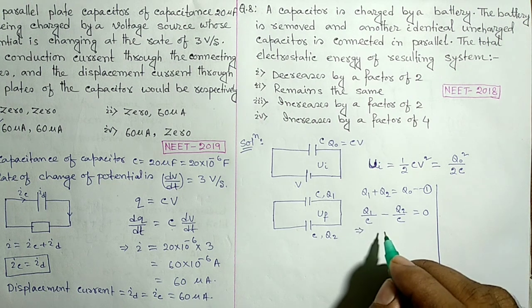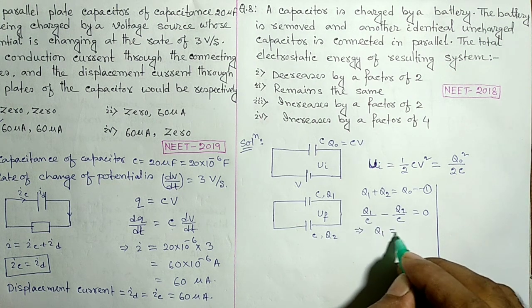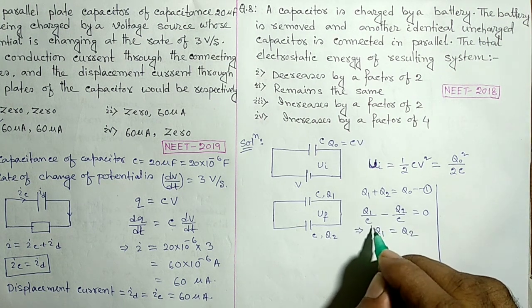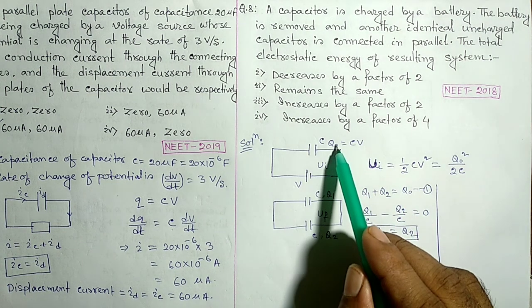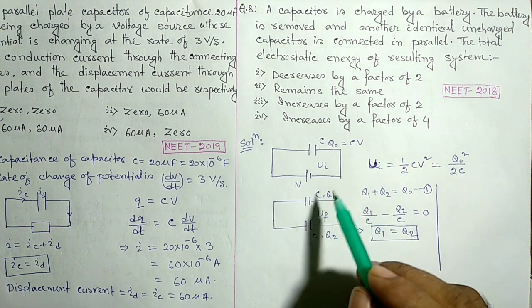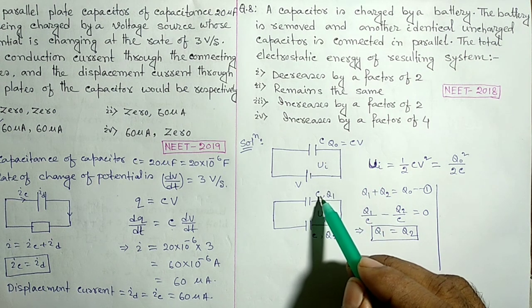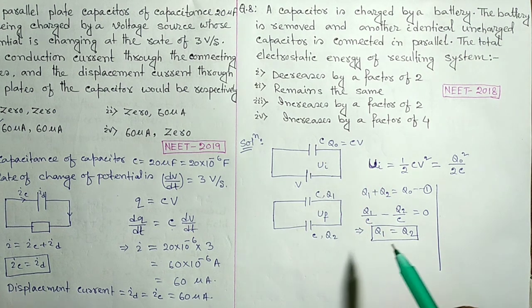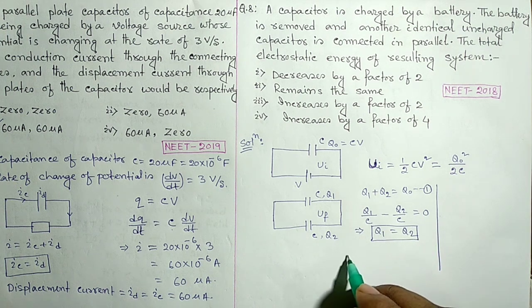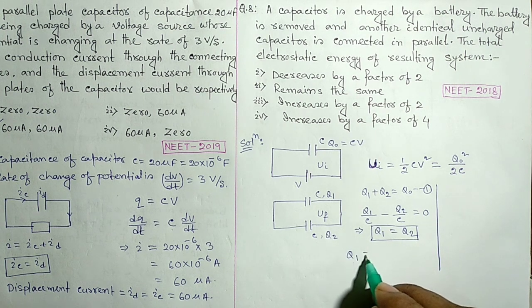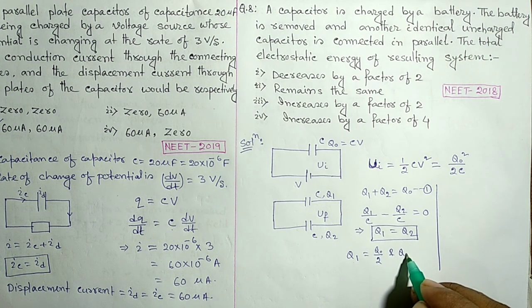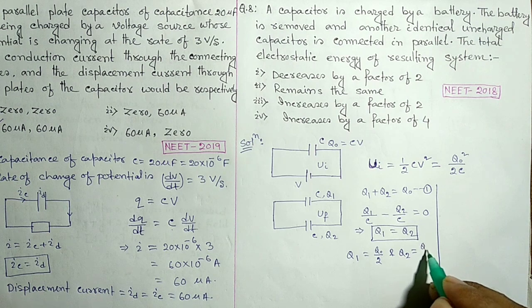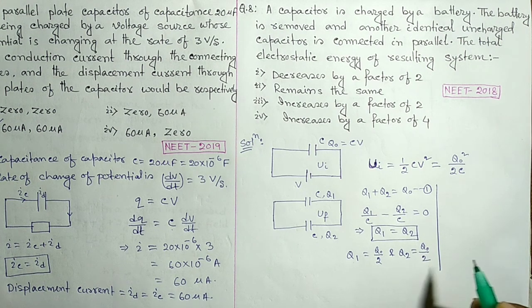After calculating, we get Q1 equal to Q2, so the charge is equally distributed over both capacitors. So Q1 is equal to Q naught by 2 and Q2 is equal to Q naught by 2.